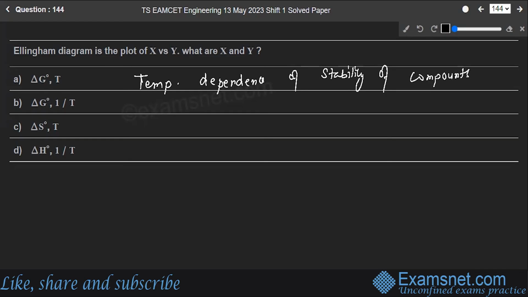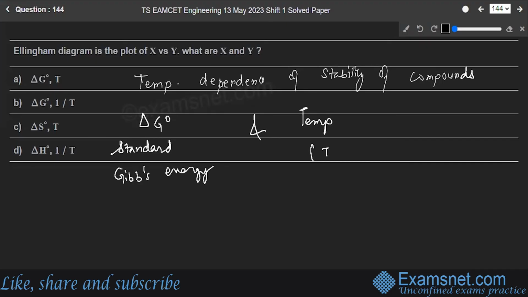It is a plot between the standard Gibbs energy, that is delta G naught, and the temperature T. Therefore, your X and Y are nothing but delta G naught and T. So you have the first option as the correct answer.